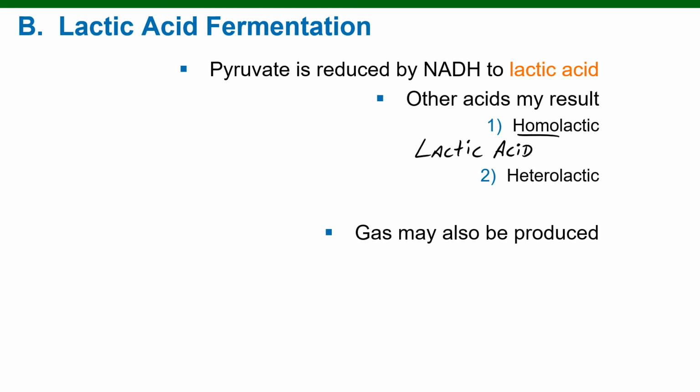And many homolactic fermenters are used in industry to make common fermented milk products, like yogurt would be the most common, and some types of cheeses, like cottage cheese. And speaking of cheese, some more complex cheeses that have interesting, kind of unusual flavors may involve the use of heterolactic fermenters.